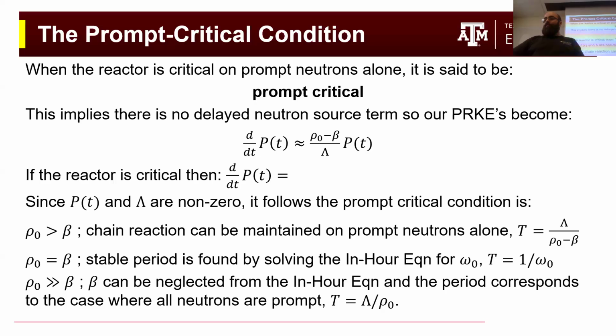So one of the things that we have been talking about is these different kinds of reactivity conditions. And one of the conditions that is commonly given is when a reactor is prompt critical. What that basically means is that there's no delayed neutron source term in the point kinetics equations.